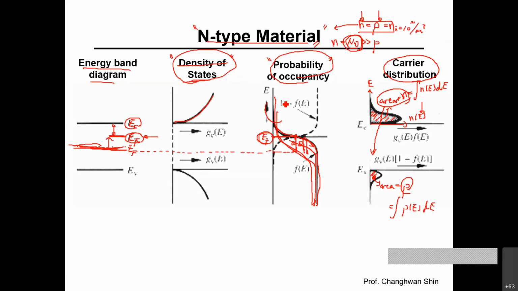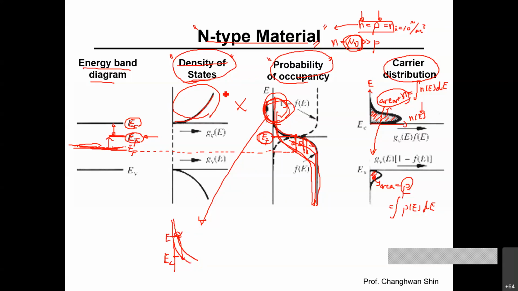Then this function will be multiplied with the density of states in the conduction band. And if I zoom in on this region, this is the original Fermi function, but now the upward shifted Fermi function looks like that. So for a given energy state, say here, the probability of finding an electron becomes much higher.